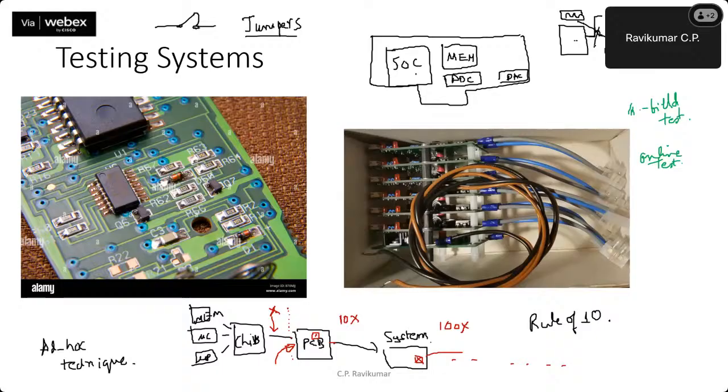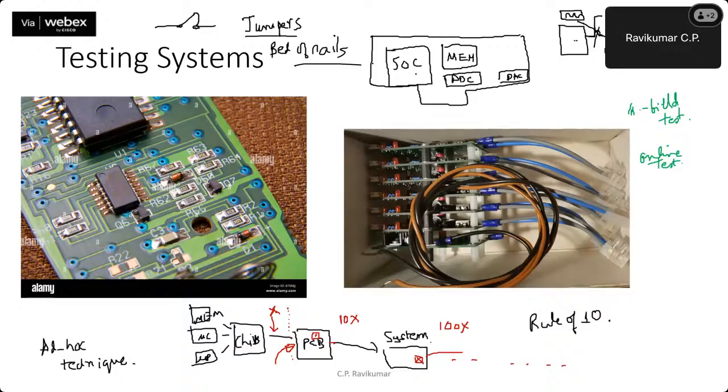People also used to use what is called bed of nails testing. This may still be used by some people. And as the name itself indicates, there will be a contraption which looks like a bed of nails, and you can place it on the PCB, and it will make connections with all the wires underneath.